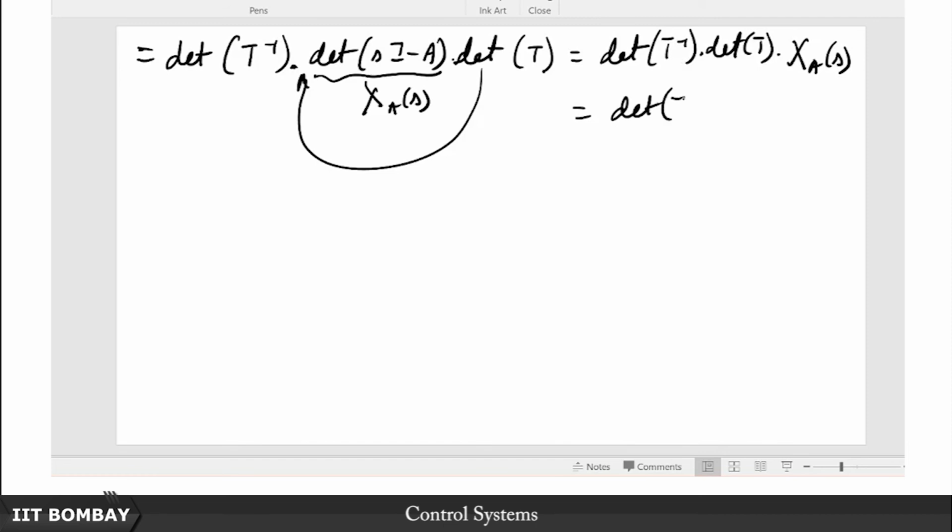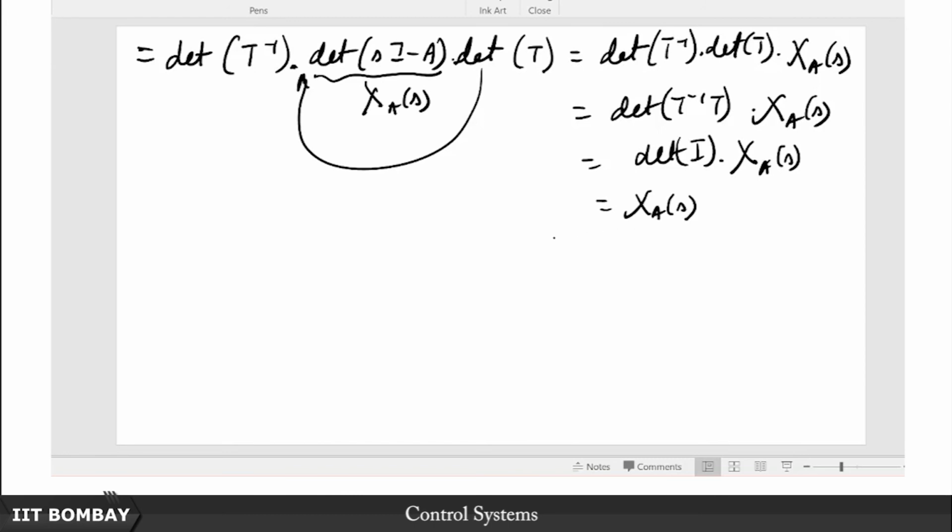So I have the determinant of T inverse T times chi A of s. Now this is of course the determinant of the identity, but the determinant of the identity I know to be unity. So then this ends up being chi A of s. So therefore I have shown you that the characteristic polynomial is invariant under similarity transformation. That is a crucial detail.